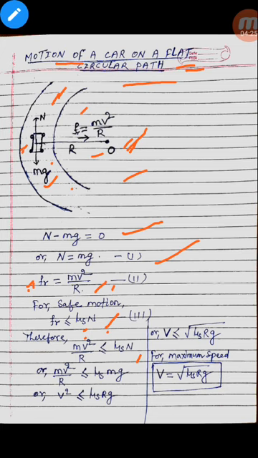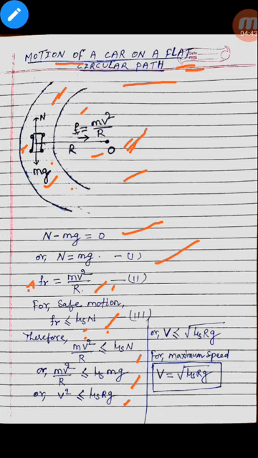Therefore mv square by r is less than or equal to mu s into mg, or v square is less than or equal to mu s r g. The m is present on both sides, therefore it is cancelled.